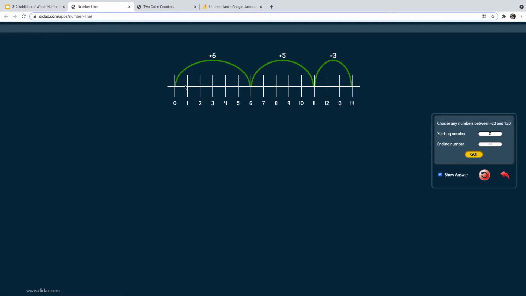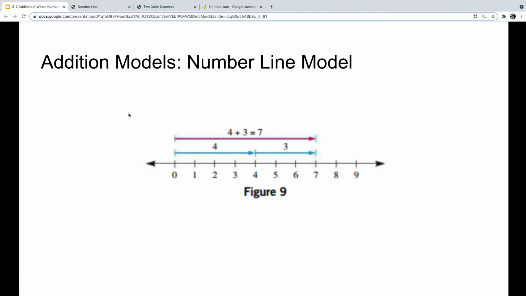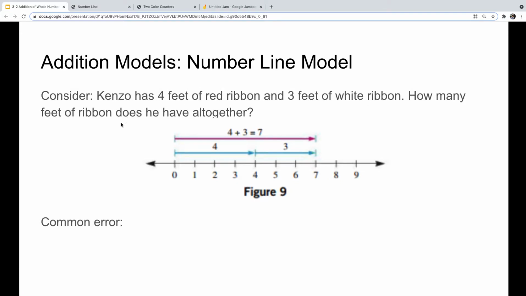So here's 1 space, 2 spaces, 3 spaces, 4 spaces, 5 spaces, 6 spaces. Okay? And think about it like bunny hopping. 1 hop, 2 hops, 3, 4, 5, 6. Don't count from 1, okay? All right, so those are some models that we talked about.